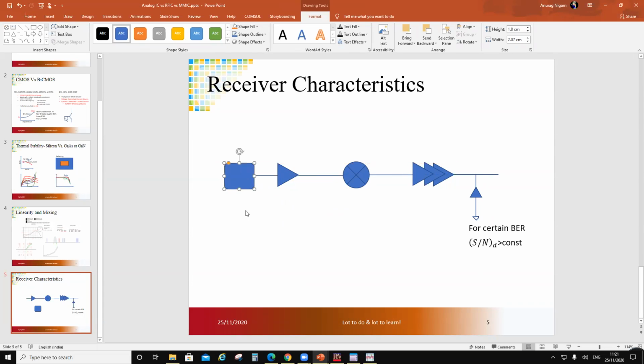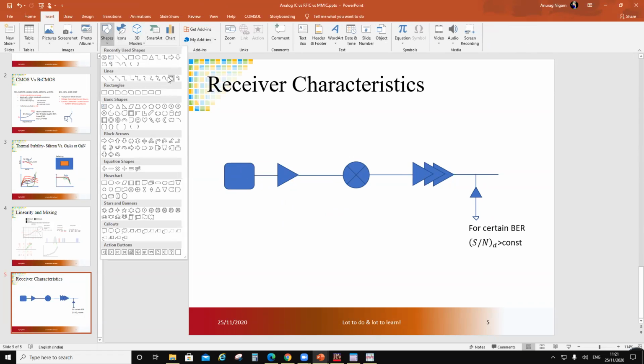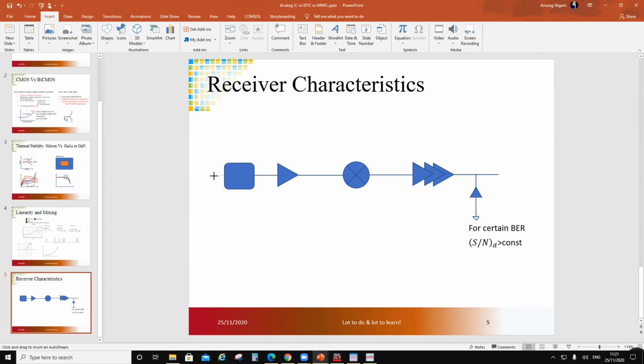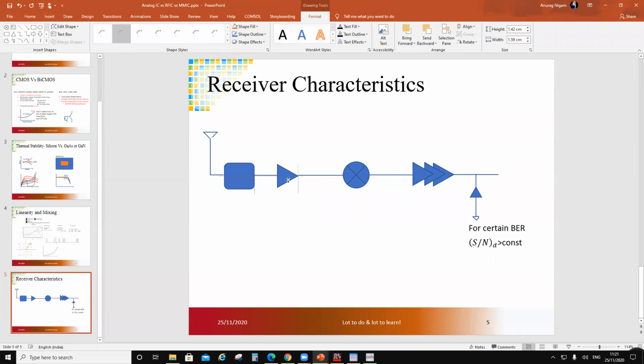So there's a BPF over here, and then there's going to be an antenna. Fine. So this is right now what a typical chain would be like.